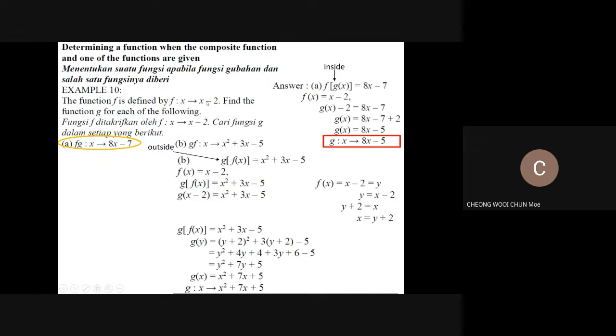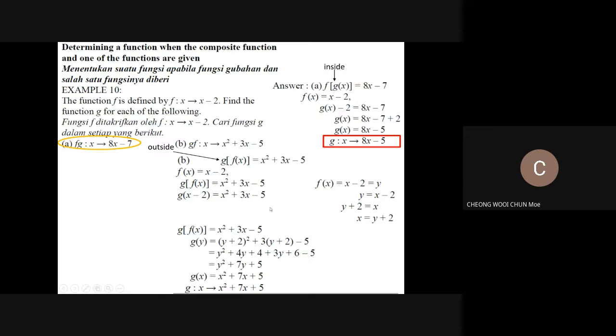Because f(x) is given as x minus 2. That's why I separate it. If I replace f(x) here with x minus 2, inside here I also need to replace with x minus 2. But you cannot simply replace like this, so you must follow this method.